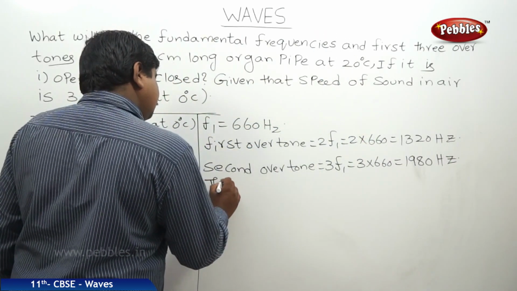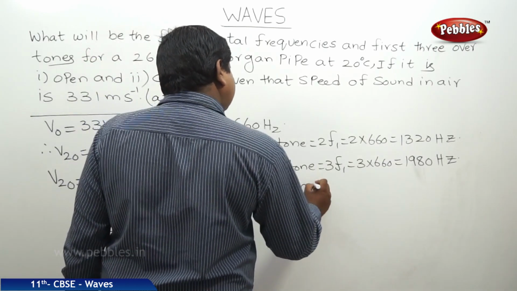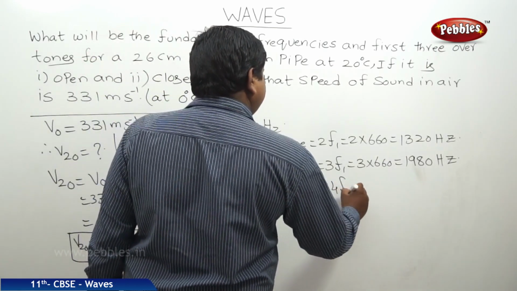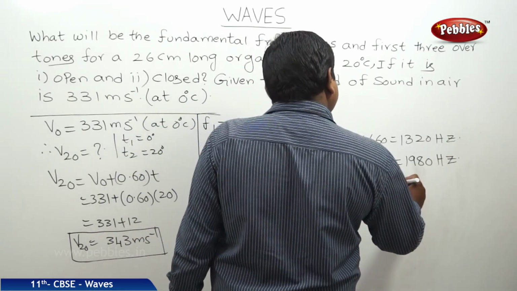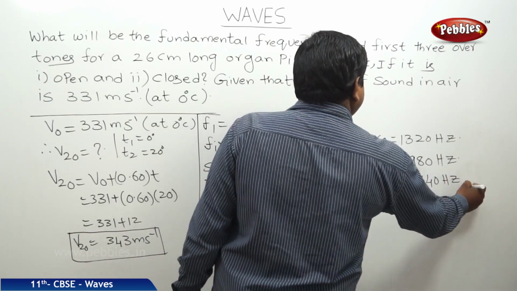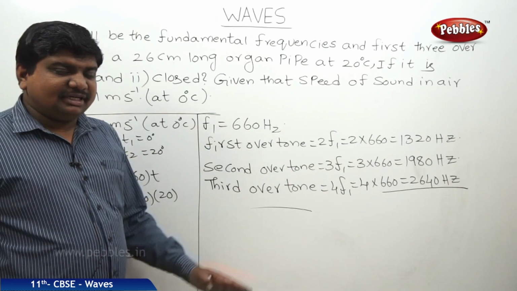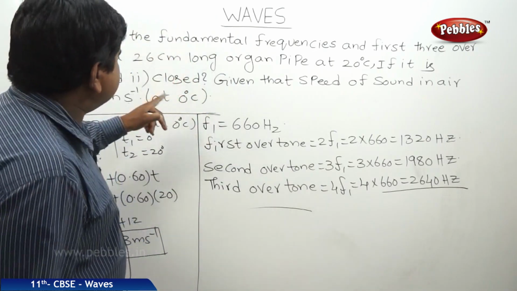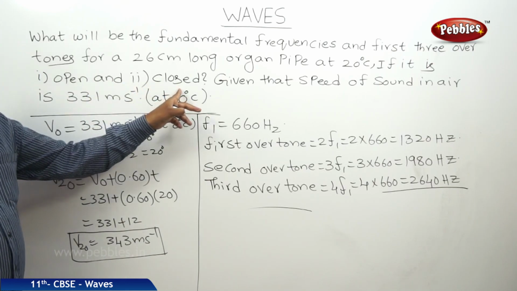Third overtone, 4F1, nothing but 4 into 660, 2640 Hz. So, like this we can define the frequencies of all modes of vibrations of this object in the open case. Now, we will check the closed case also.